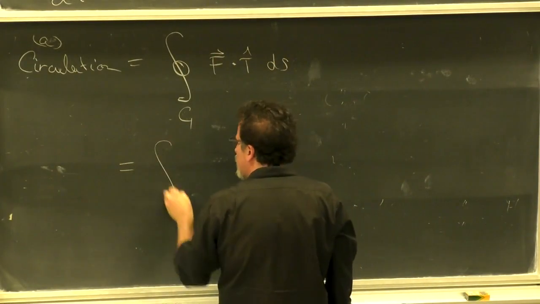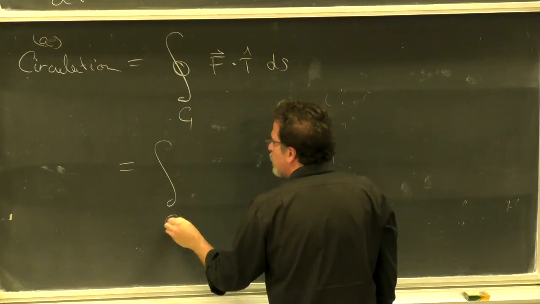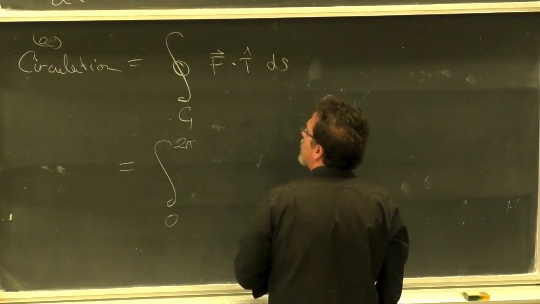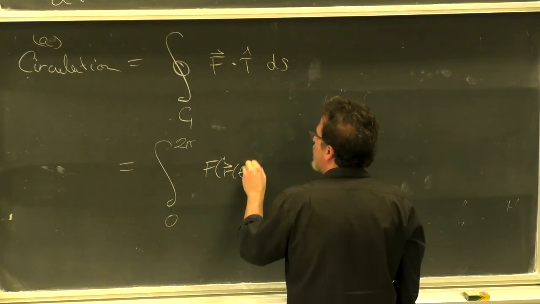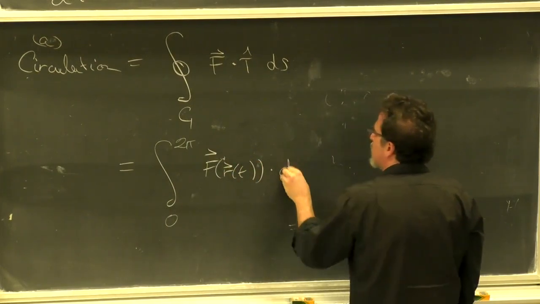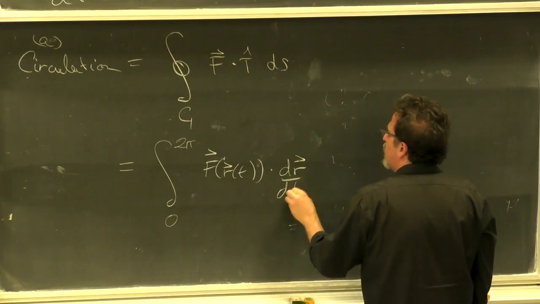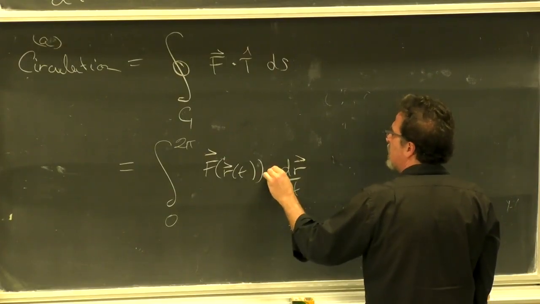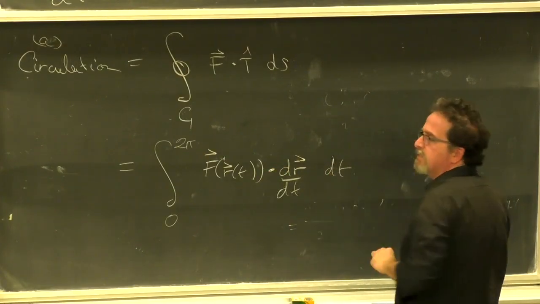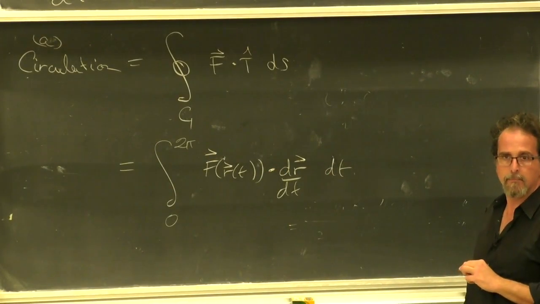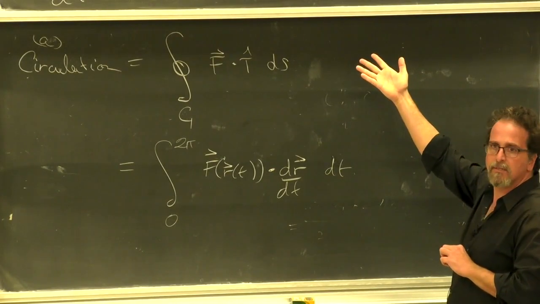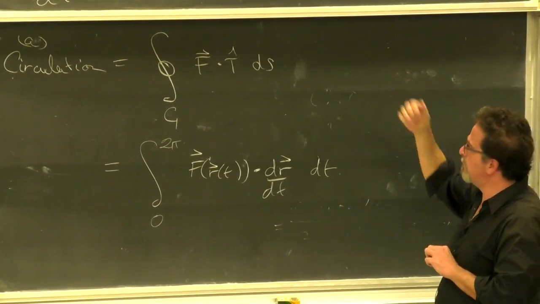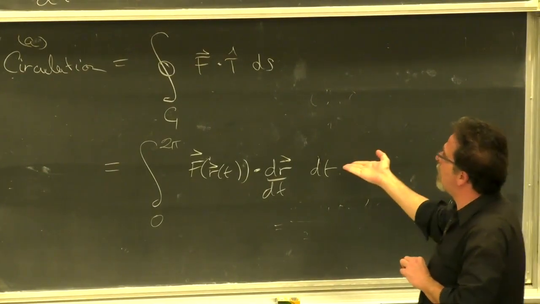And that's going to be the integral from t equals 0 to t equals 2 pi of F of r of t dot dr dt, integrated with respect to time. And I pre-processed all of this. It's already been processed, so I can just do the dot product.